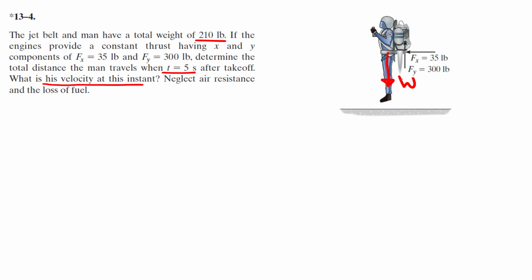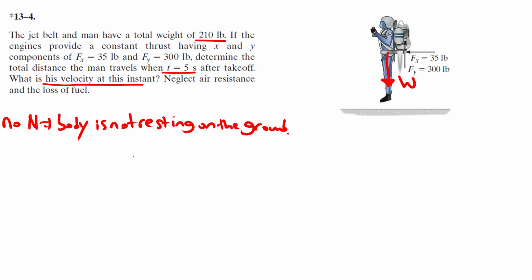That's very important here, because the body is not resting on the ground, so no N. Then we have the force in the x direction, and no force in this direction as a resistance, because air resistance is not considered.